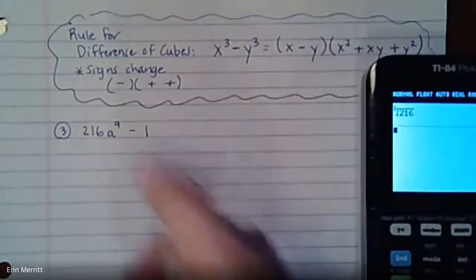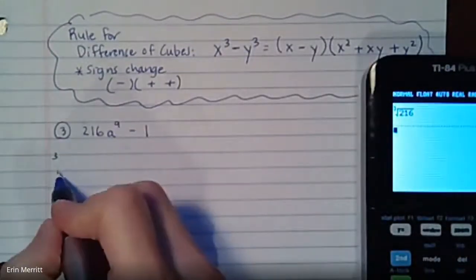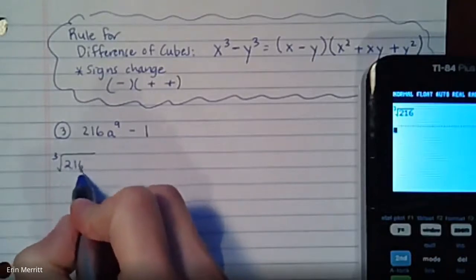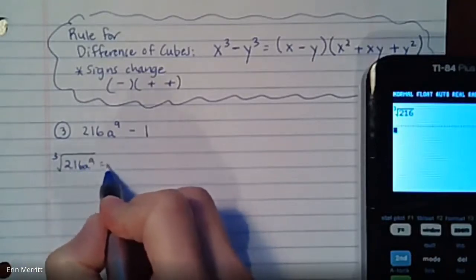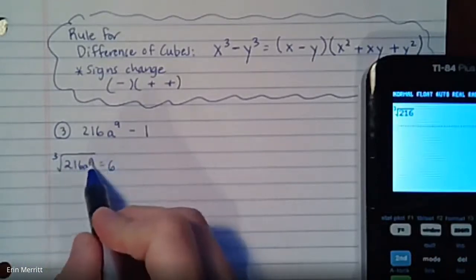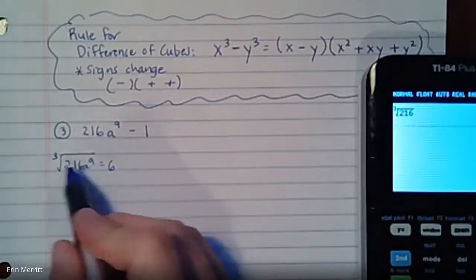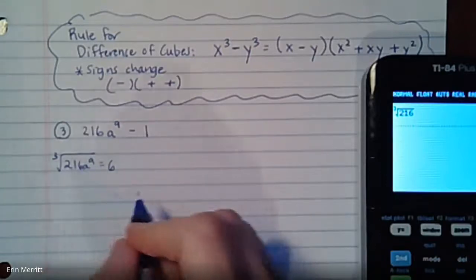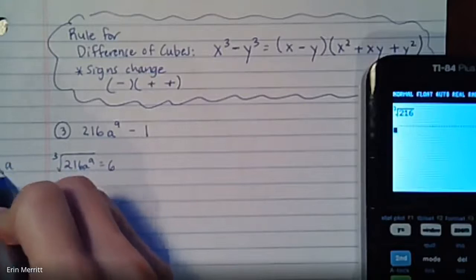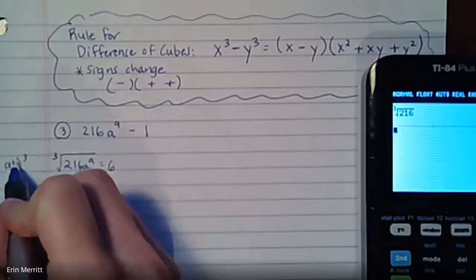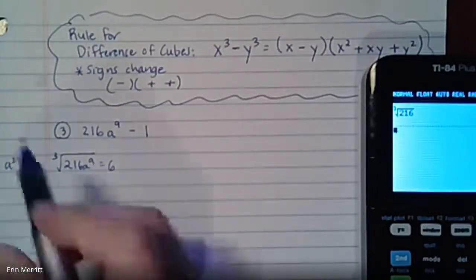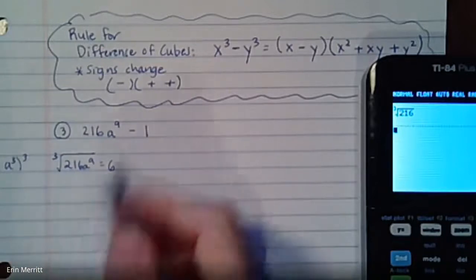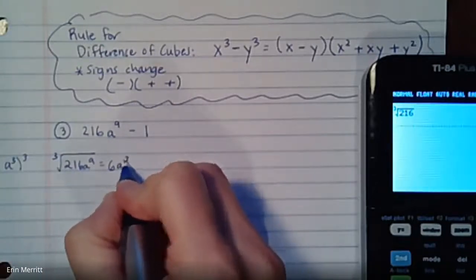So when we go to take the cube root of each piece of this, we already figured out that's 6. And then the rule is basically take the exponent and divide it by 3. Because if you think the other way around, you'd be saying a to what power when I cube it comes out to be 9? Well, it'd have to be the third power, because 3 times 3 gives me 9. So this is going to be 6a to the third.